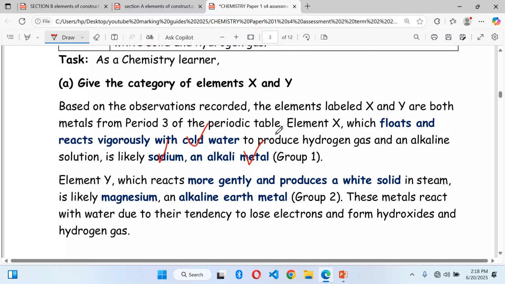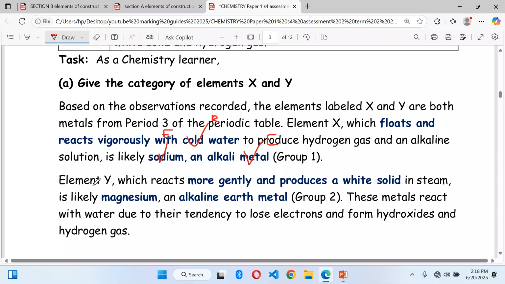So alkali metal is our category, sodium is our example, and then this is the reason. So you see the reason, which means we have managed to put our CRE very well: category, reason, and example.